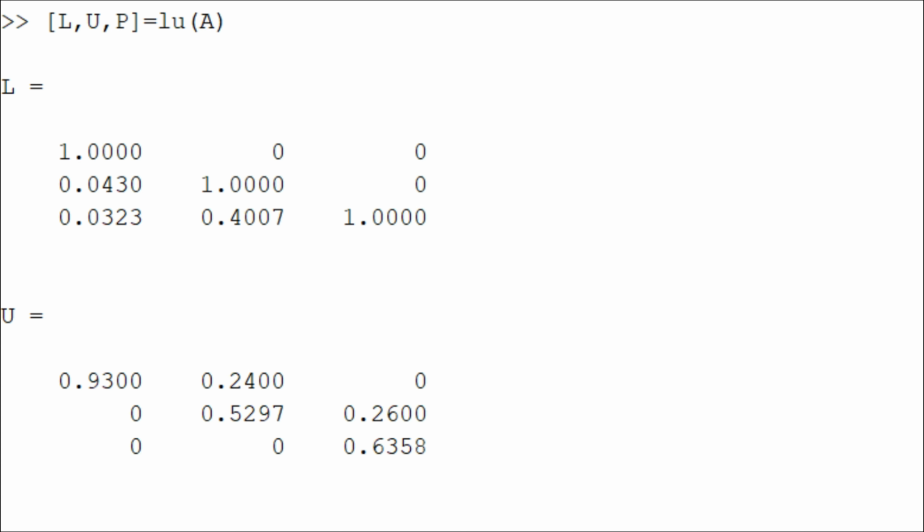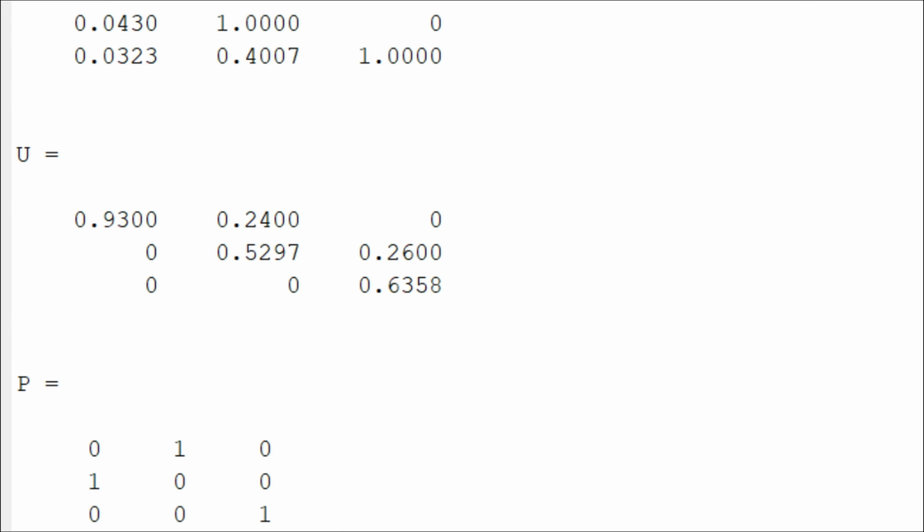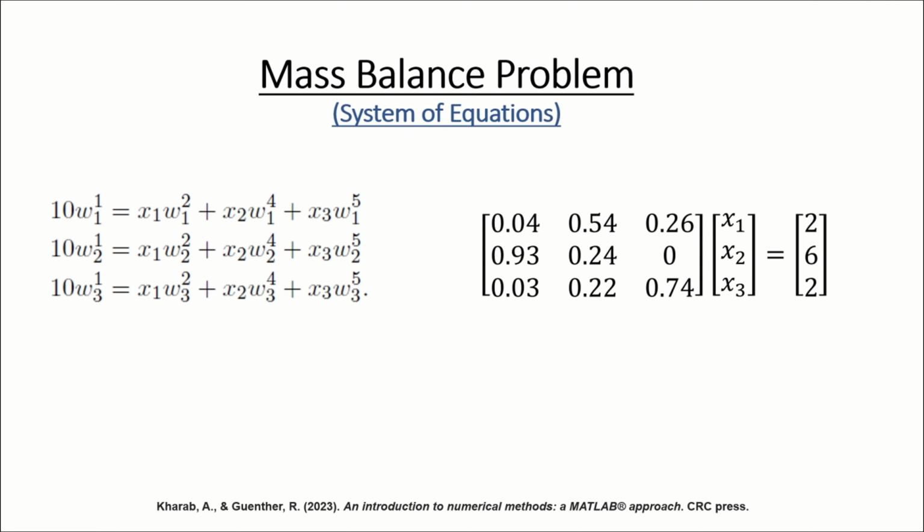You see it will give you a lower triangular matrix, an upper triangular matrix, and a permutation matrix. So this is the same mass balance problem, and you can solve it by using the two commands.